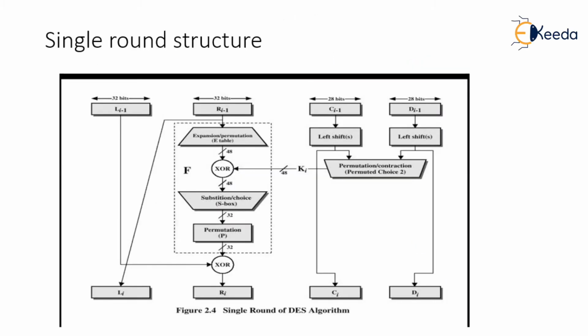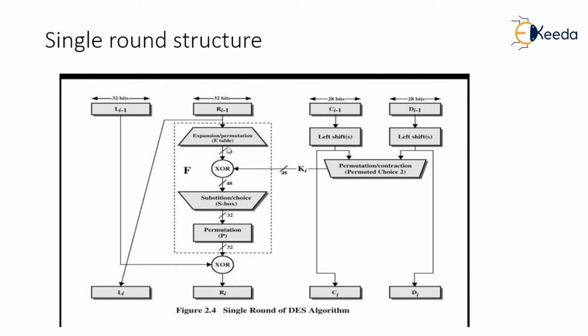This is the diagrammatic representation of the single round structure of DES. Here you can see that the 64-bit input of a plain text block is divided into two halves, left and right, having 32 bits each. The 32-bit right portion undergoes the expansion permutation.